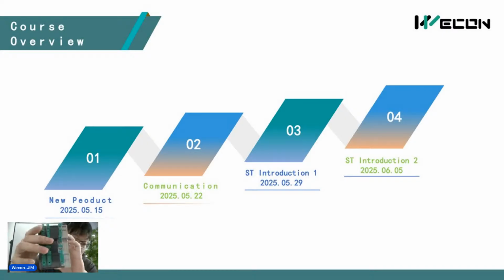And here on the bottom, this is the installation of the PLC. The same as LX6 series, it can support DIN rail installation.